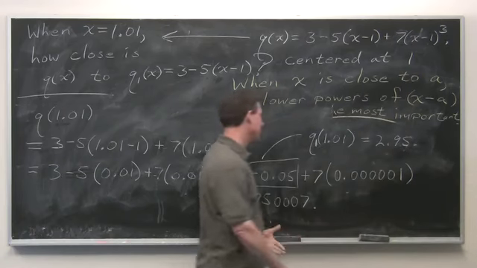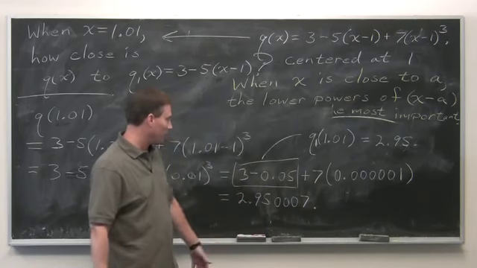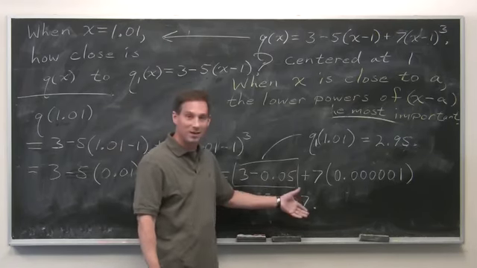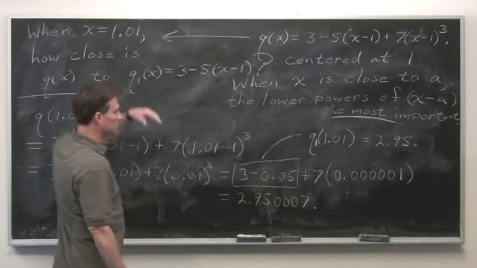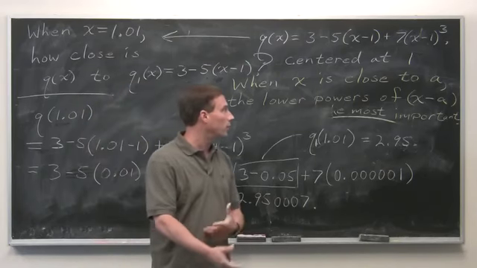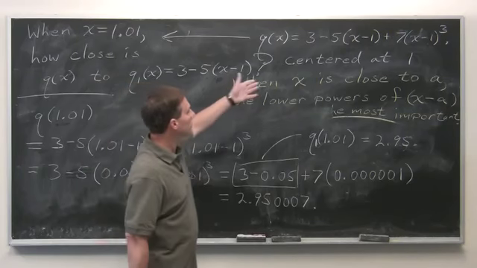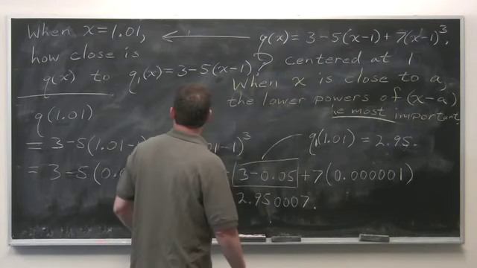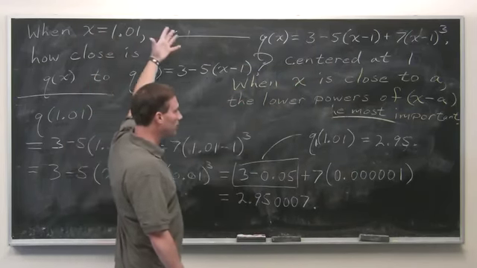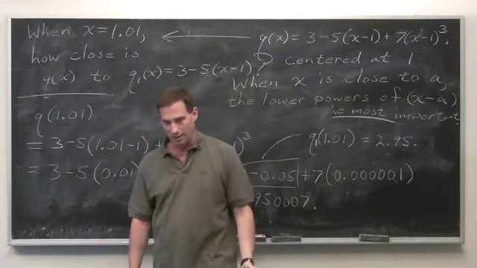How close is 2.95 to 2.950007? Well, it's to within 0.000007. Yes, it's extremely close because we took an x that was close enough to 1. And you can see that once things are written in terms of powers of x minus 1, and you take an x that's very close to 1, of course, the higher power terms are less significant.